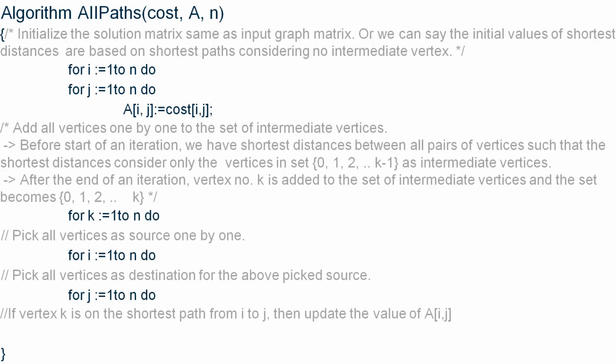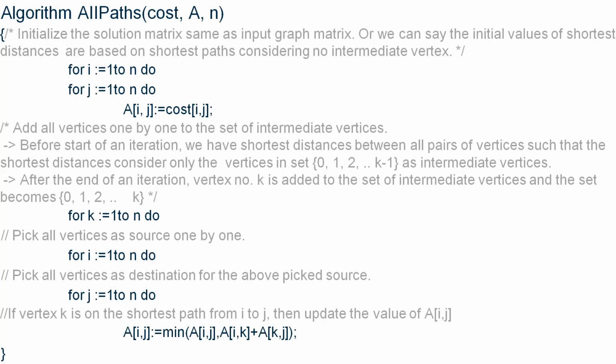Now if vertex k gives the shortest path from i to j, then we update the value of A[i][j] using the following formula: A[i][j] is equal to the minimum of A[i][j] and A[i][k] plus A[k][j].